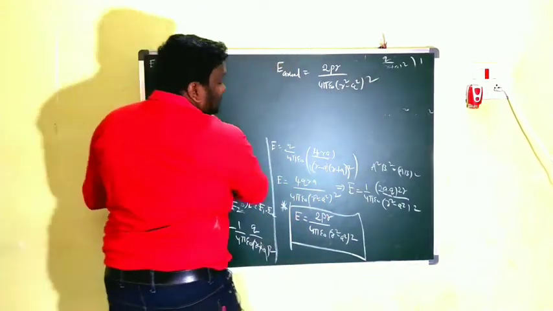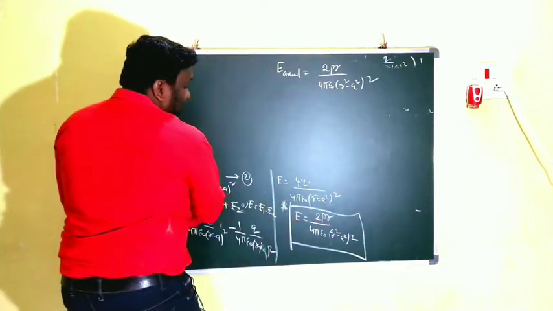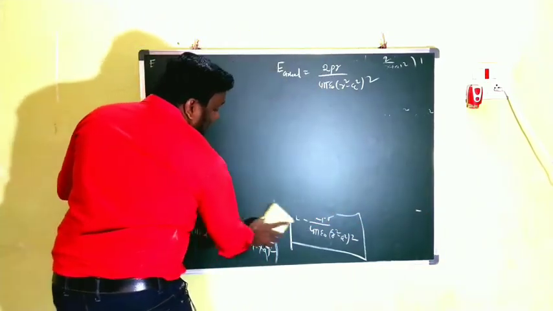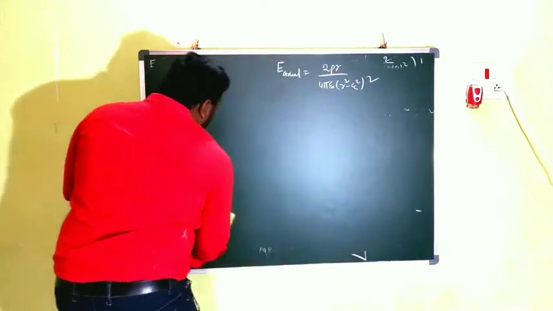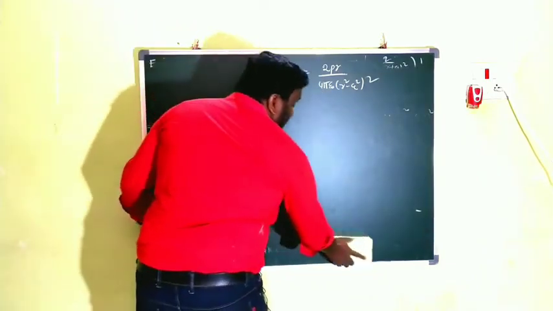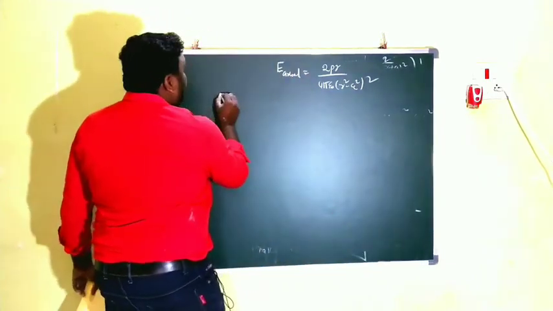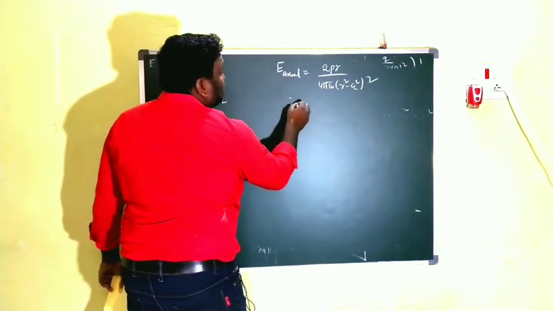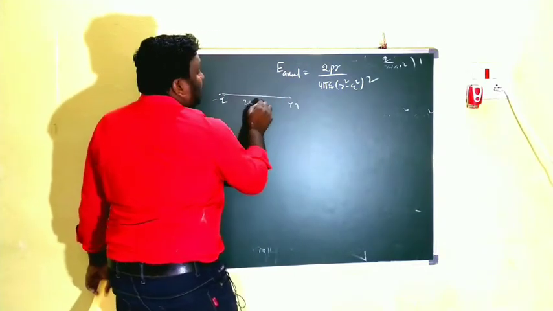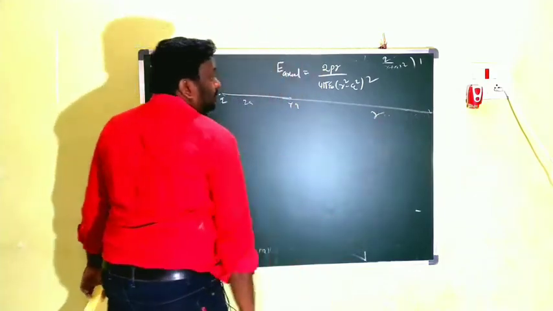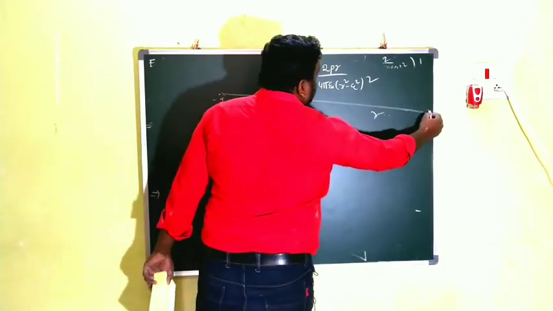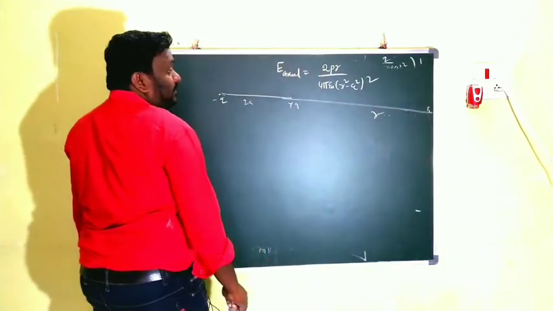This is the equation for electric field intensity at a point on the axial line of the dipole. What we derived up to now, here the first condition: this is minus q and this is plus q, this is 2a, and this is r, the distance of the point, r.